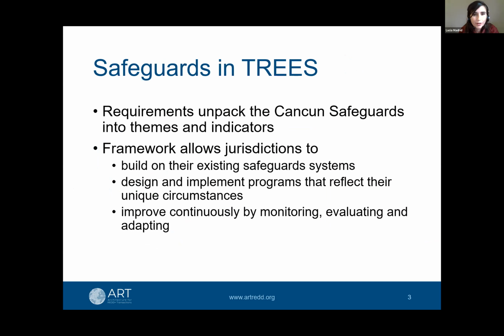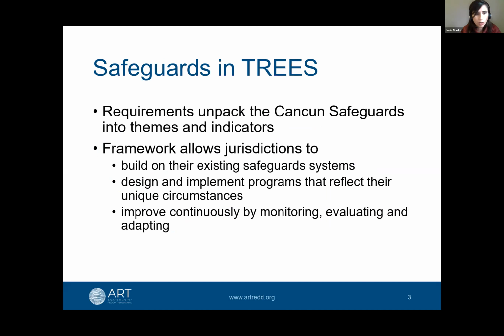TREES includes requirements and procedures that ensure that Cancun safeguards are both addressed and respected, that promote the alignment with what countries were already doing, or how countries have interpreted the safeguards.